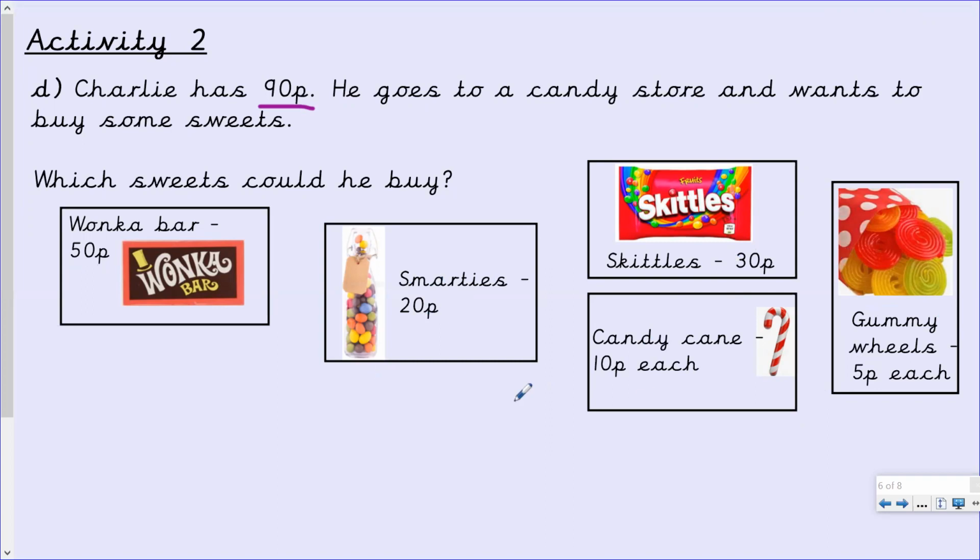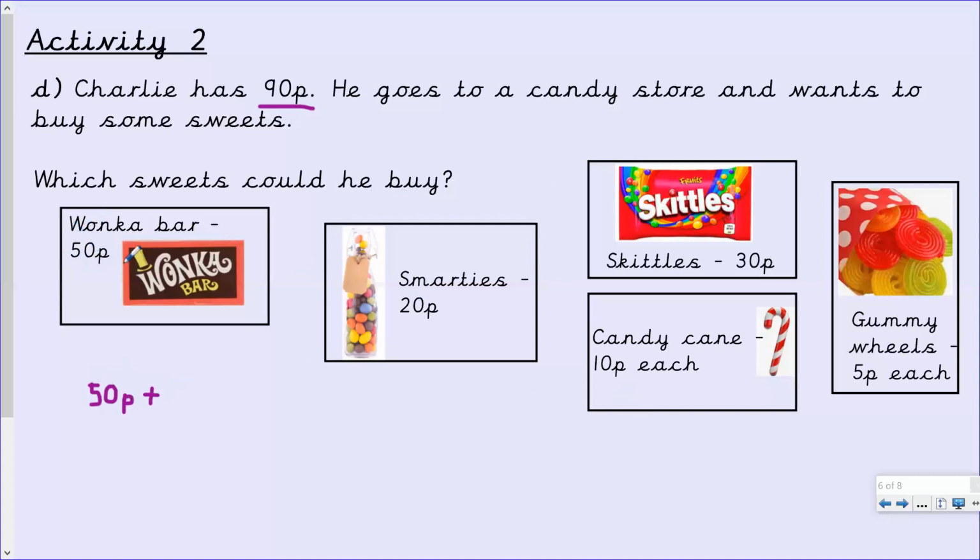Okay, well, there may be many different combinations of sweets that he can buy. So Charlie has 90p. Well, with 90p, he could buy one Wonka bar for 50p. Plus, which other sweets could he buy?